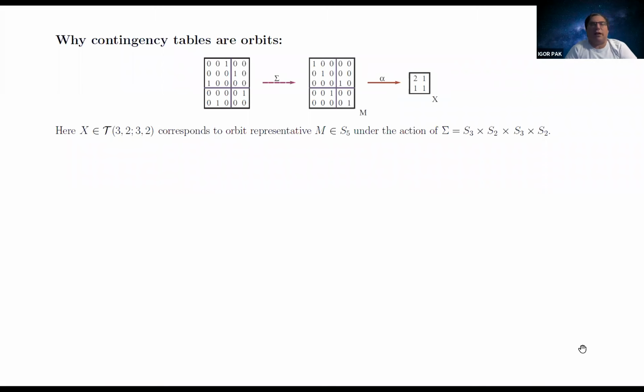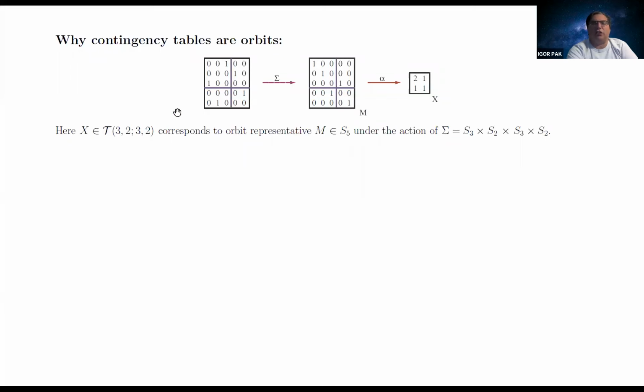So let me tell you why contingency tables are really orbits, and the way to think about that is to look at this example. This is an example of a contingency table with row sums and column sums 3, 2, the same vector.